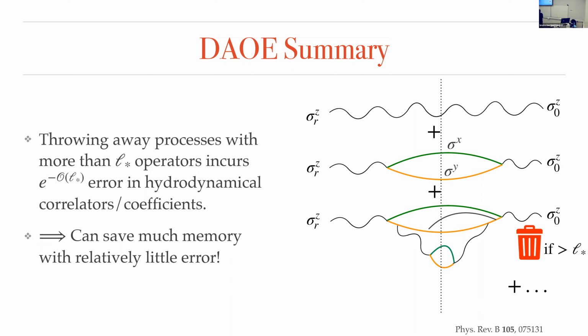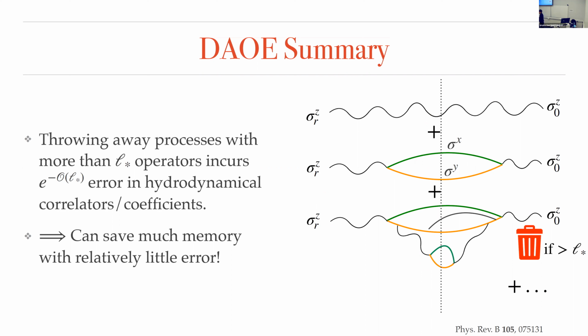Okay, so for example, let's say I set L star to be 2, and I decide to throw away all Feynman amplitudes that have more than 2 Pauli matrices at some point. So the first two amplitudes here are going to survive because this one only involves one Pauli matrix at any point, and this one only involves a maximum of 2. But this one involves 1, 2, 3, 4, 5. So we throw away that particular contribution to our correlation function.